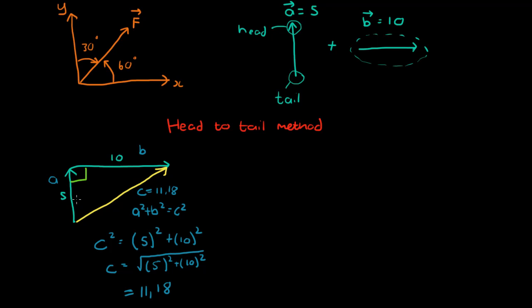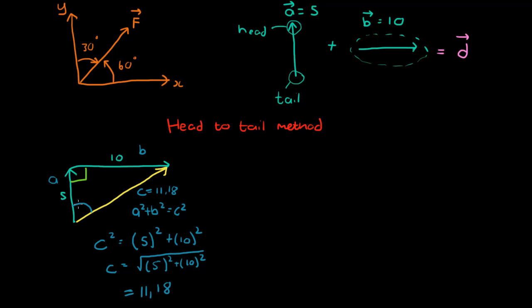So what you need to do is find out what this angle is here, so that you can give the answer. Let's give the answer a name. Over here, we said A plus B is equal to, let's just say D, so we don't get confused with C being the magnitude.